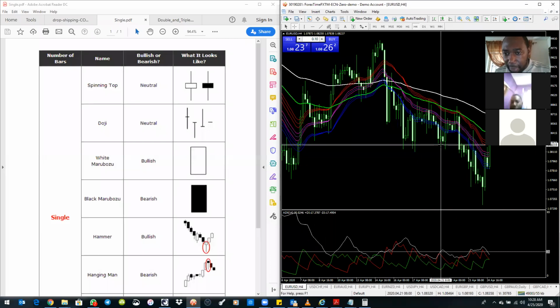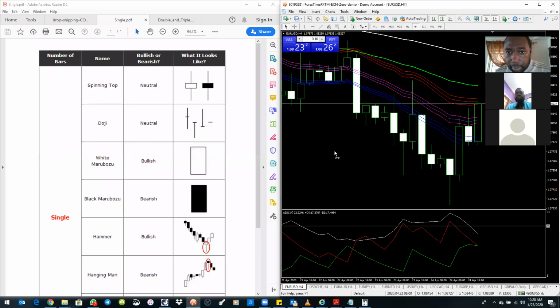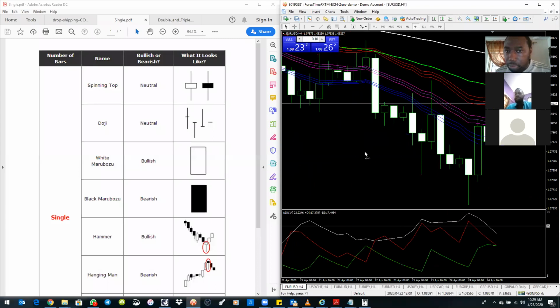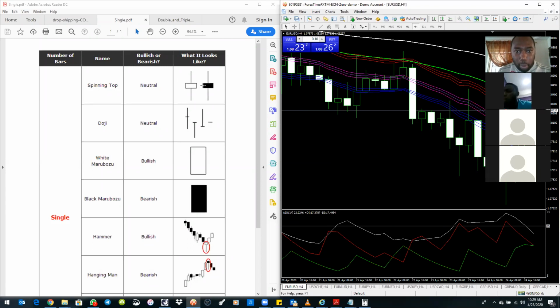The candle that formed there, if you look at it, let me zoom in a little bit. Where's my zoom? If you look at this candle right here, can you see it? Yep. That candle, the spinning top, you can see it's pretty much like what you have here.